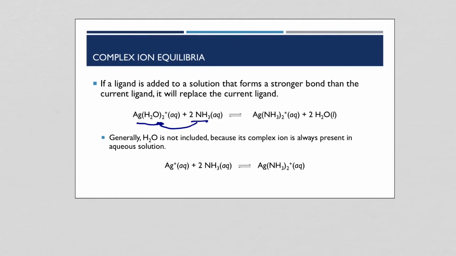Now, you might also see the equation written like this, where we negate the water for simplicity. So sometimes we'll just see it written as the metal center plus, in this case, say ammonia, goes to the complex ion, right?